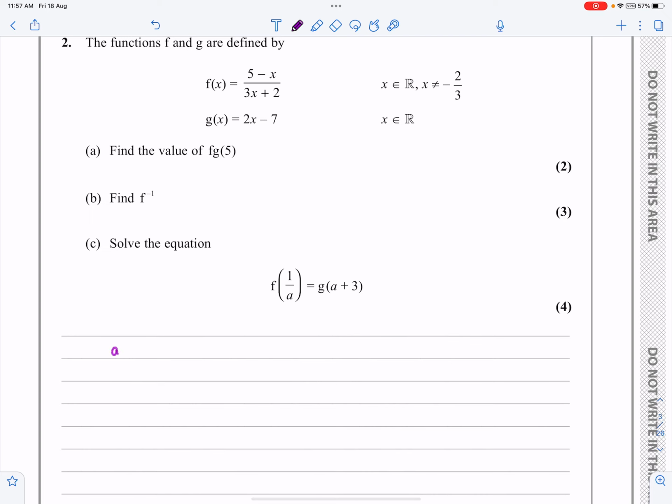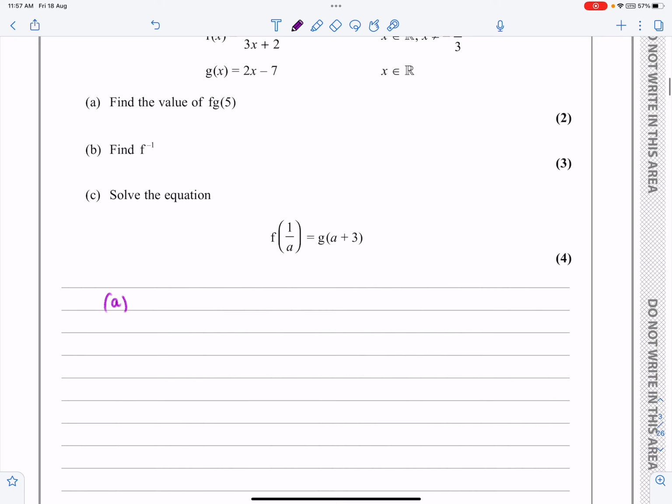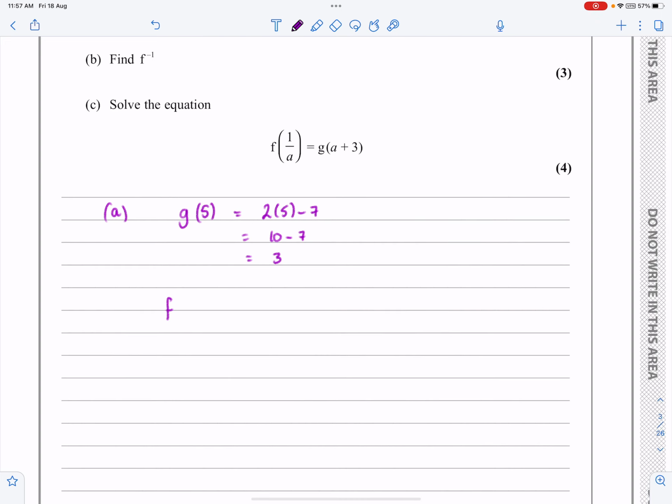Okay, part A says, can we find this composite function fg(5)? Yeah, absolutely. g(5) is just going to be putting 5 into our function for g, which gives me 10 minus 7, which just gives me 3. So fg(5) is really f(3).